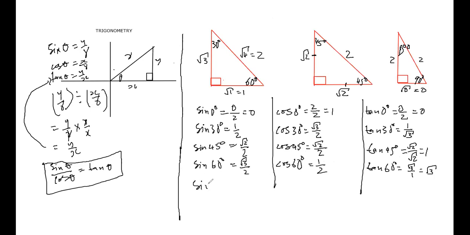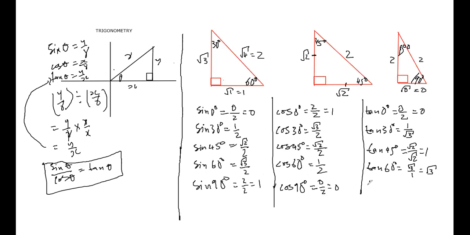Finally, the last angle is 90 degrees. What is sine 90? We look at this angle here, and then we see its opposite over hypotenuse. And so that happens to be 2 over 2, which is 1. And then cos 90, let us see, adjacent is 0, hypotenuse is 2.